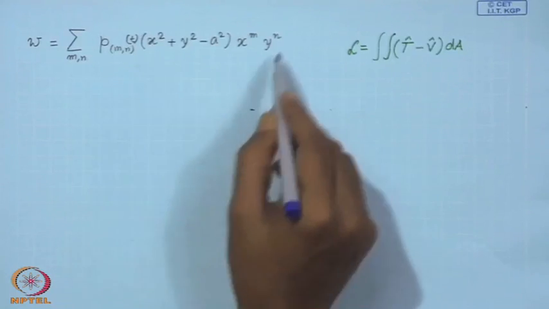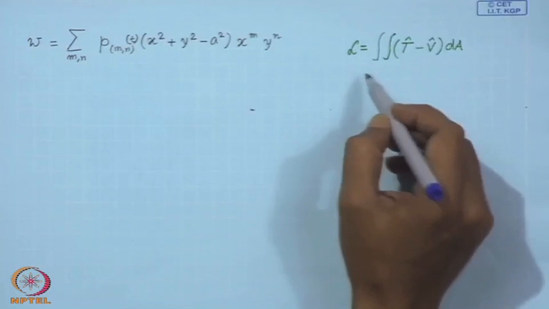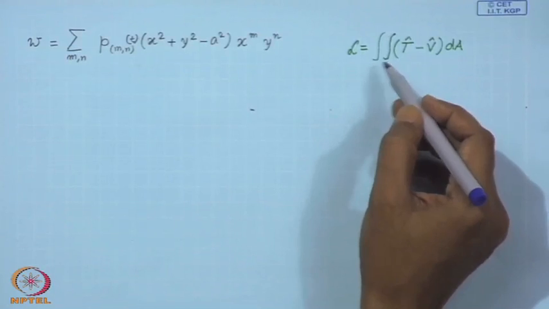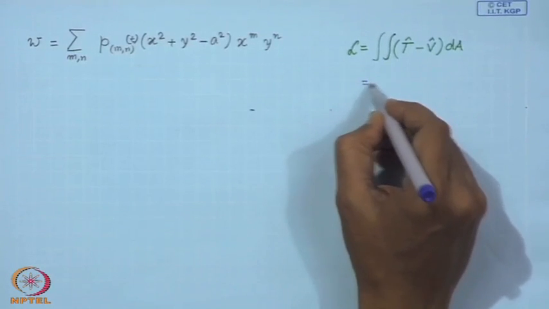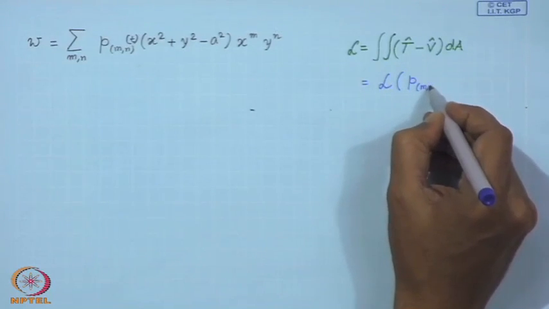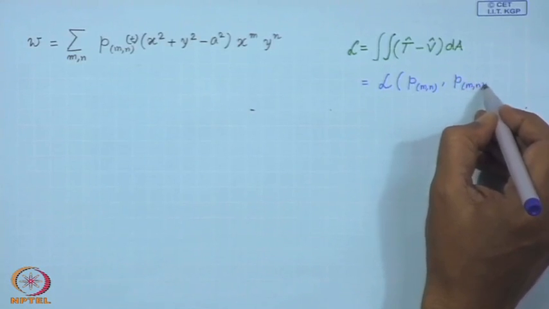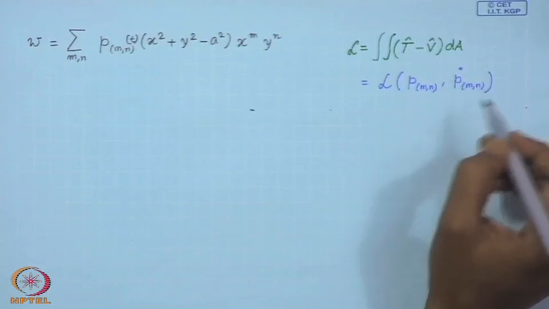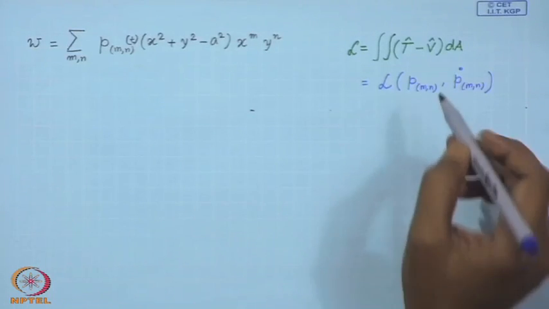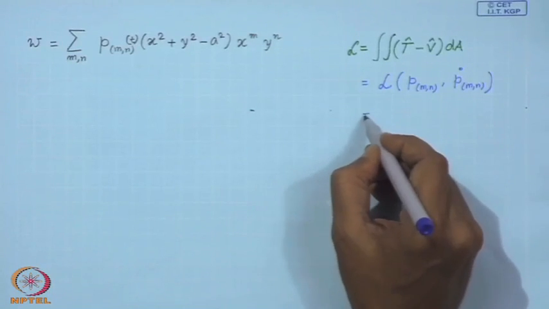Now, since we know all these functions and these are polynomials, it is very easy to perform this integral. So, we obtain the Lagrangian, which is a function of these coordinates and their derivatives. Once we have that, we have actually discretized the problem.